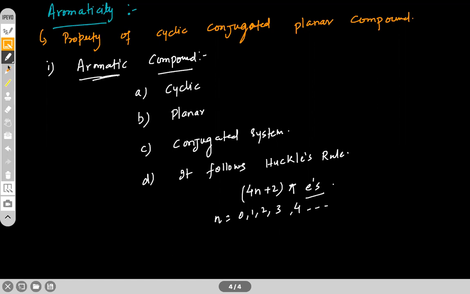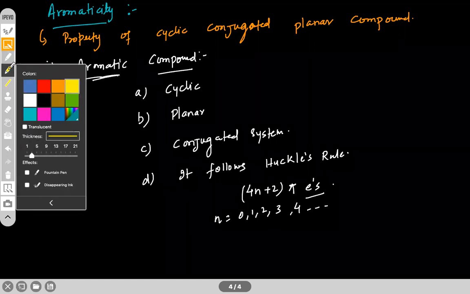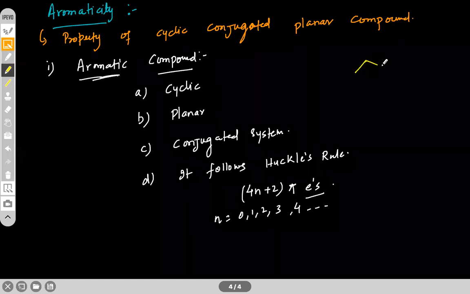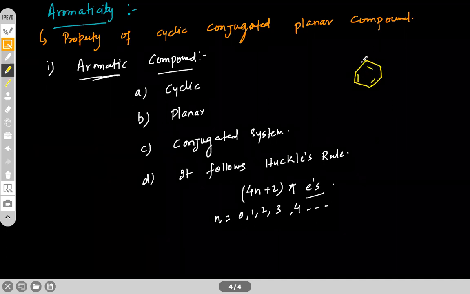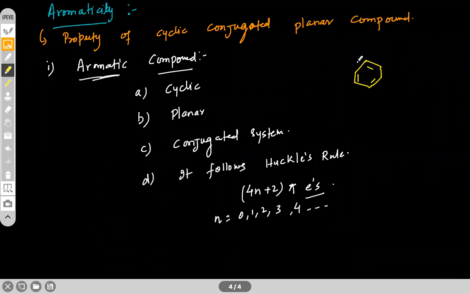For example, if I draw this structure, and you need to find out whether this compound is aromatic or not. Tell me, is the molecule cyclic?